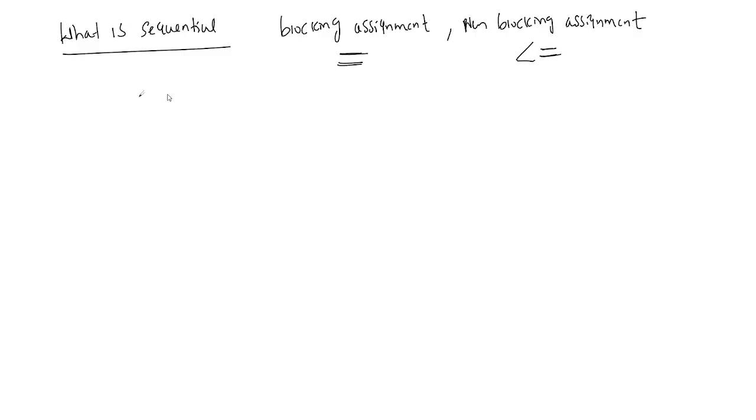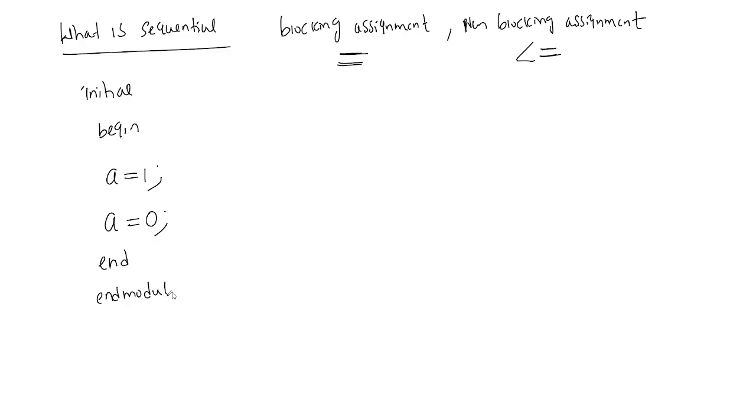Blocking assignment means, suppose you are writing initial begin, a equal to 0, a equal to 1, and after that a equal to 0. This is blocking assignment. End, end module.